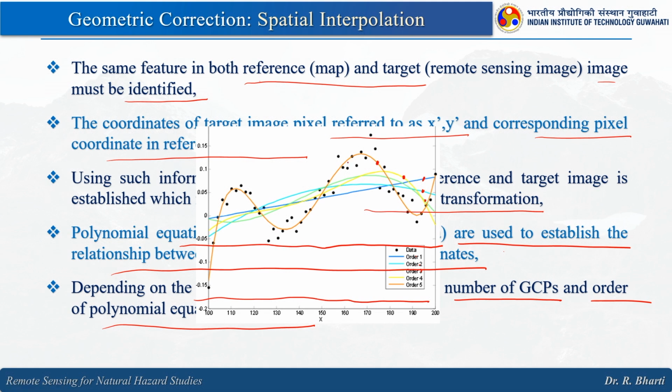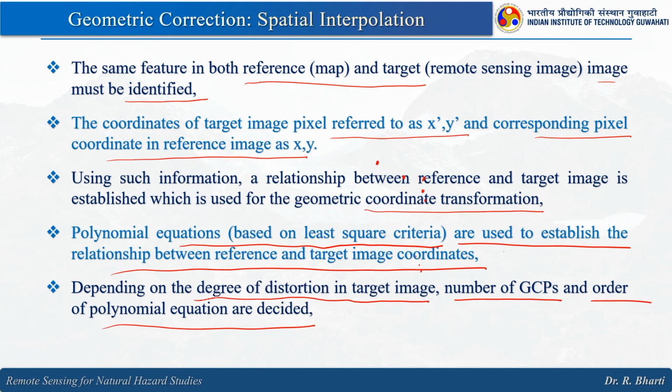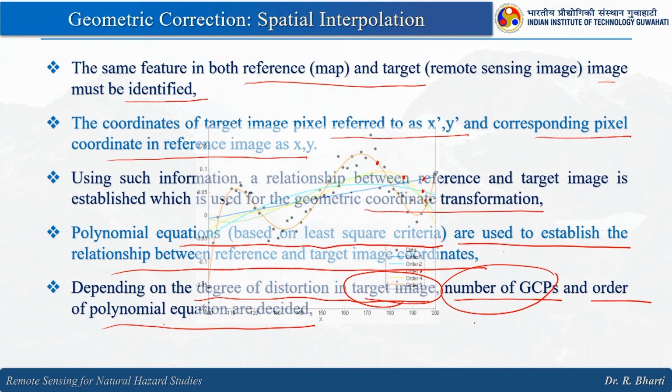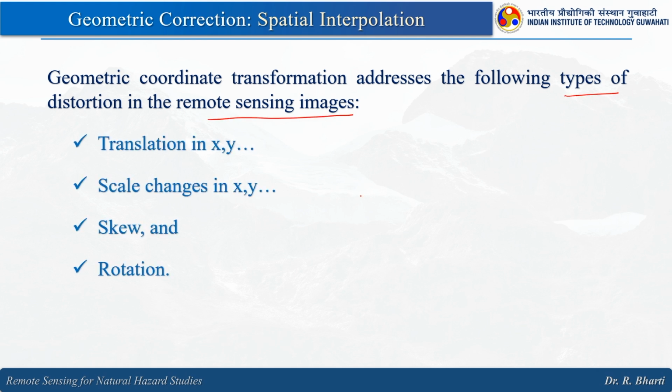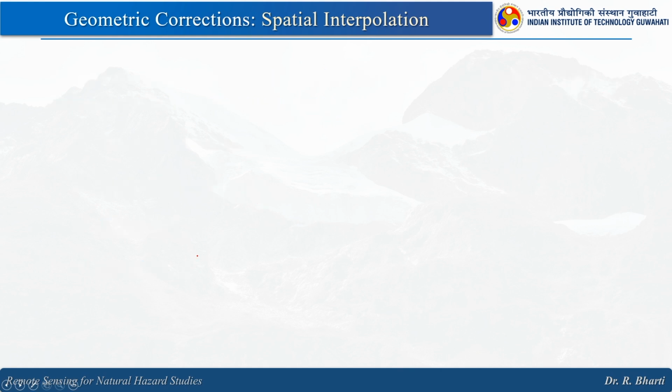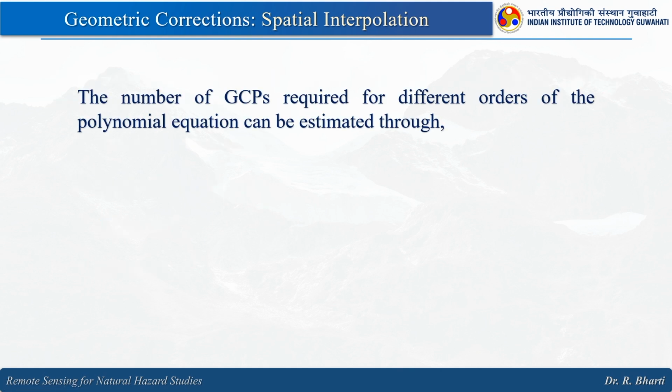The fifth order is representing this data variation very nicely, right. Geometric coordinate transformation addresses the following types of distortion in remote sensing images. First is translation in XY, then scale changes in XY, then skewness, and then rotation. These all will be addressed in the geometric correction.